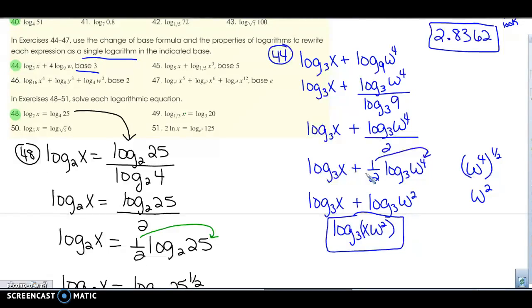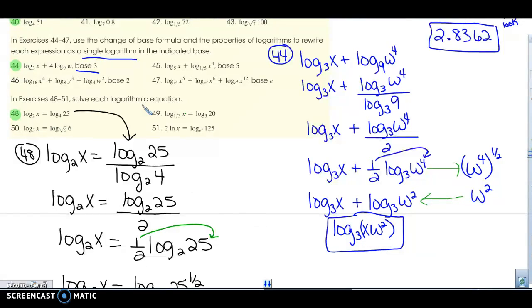We could then take that, and using the third property of logarithms, we can rewrite that as a power. So I would have w, I wrote it over here to the side, w to the 4th raised to the 1/2 power. Well, this would end up giving you w to the 2nd power. So I brought it back into the problem here. Then using the product rule, we can bring this together as a single logarithm.